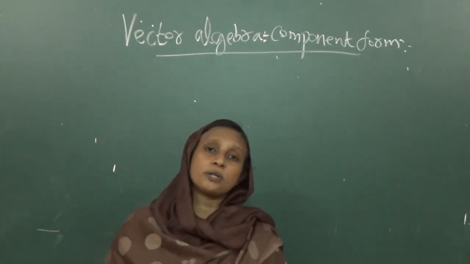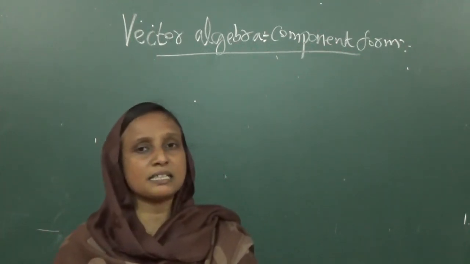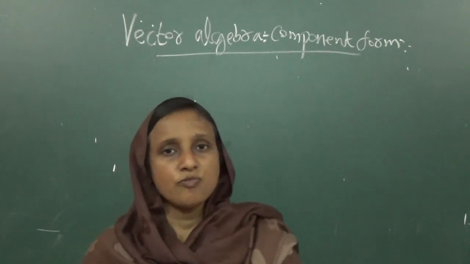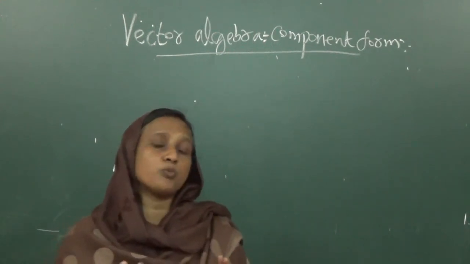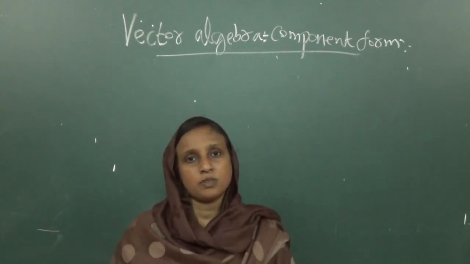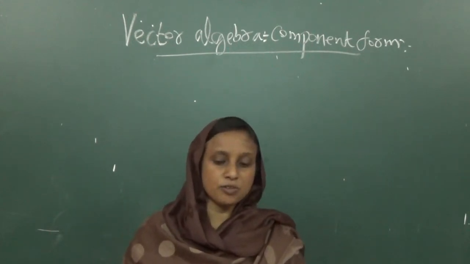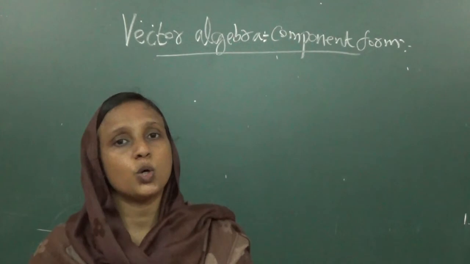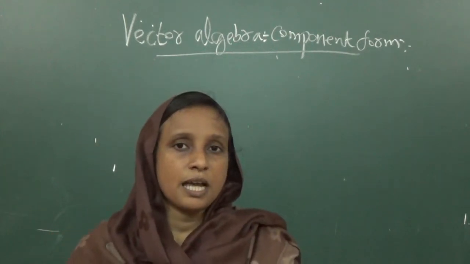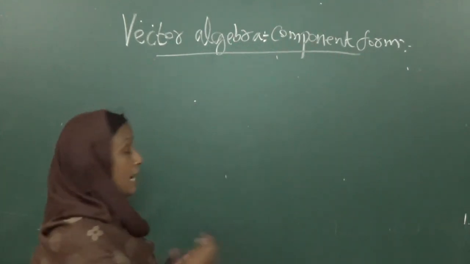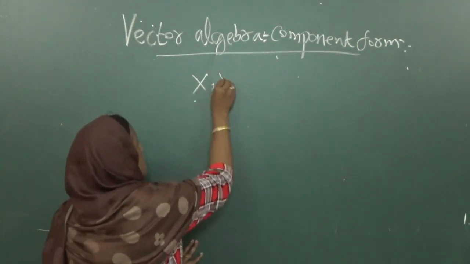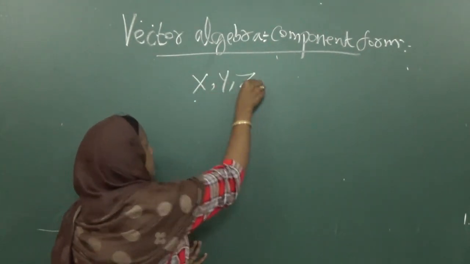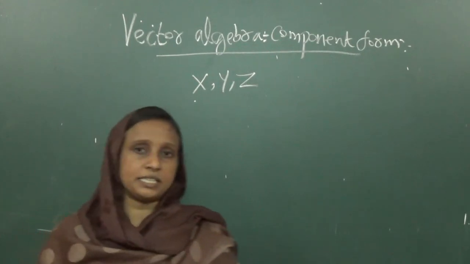In order to represent a vector in its component form, we need to use some coordinate system. Usually we use the Cartesian coordinate system. As all of you know, the Cartesian coordinate system is represented using x, y and z coordinates.